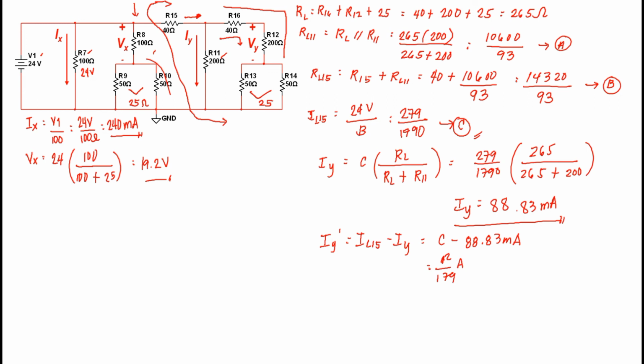And to solve for Vy, finally, that's just IR, or Iy prime multiplied by 200. So that's 12 over 179 times 200, and that is equal to 13.41 volts.